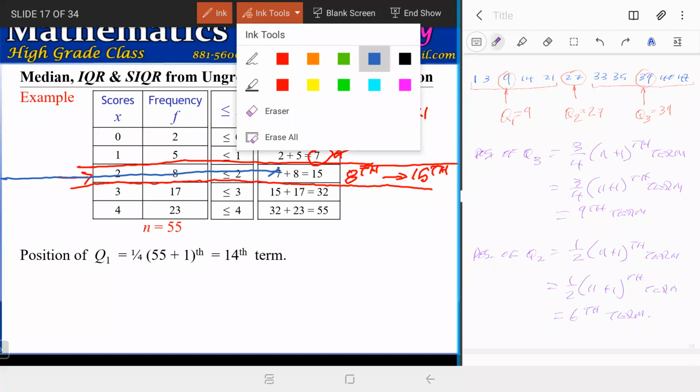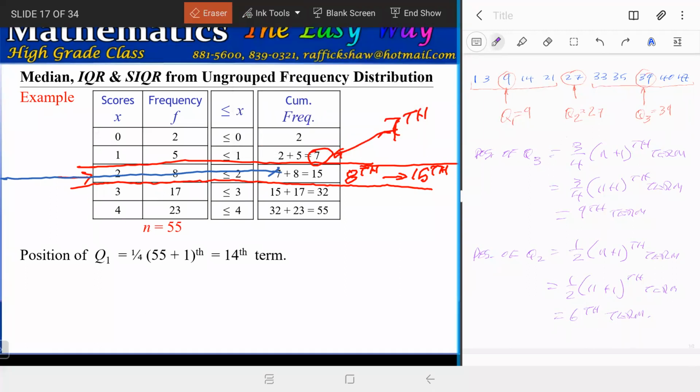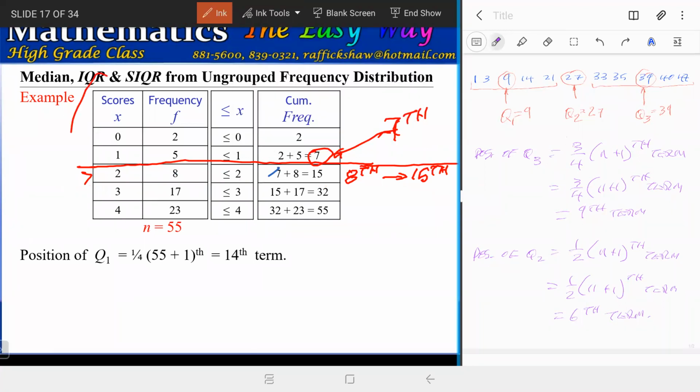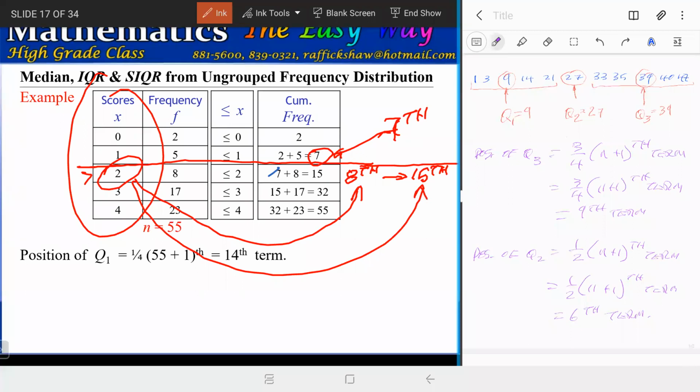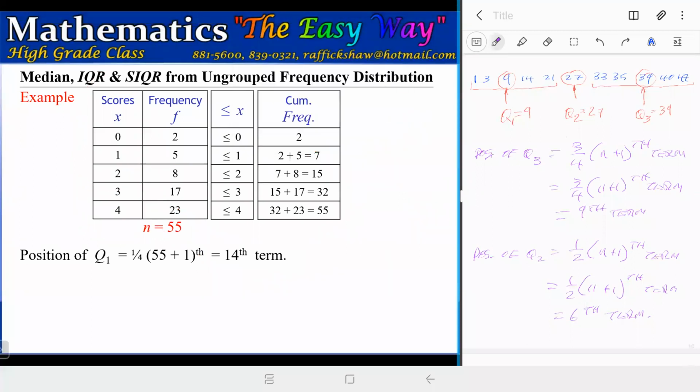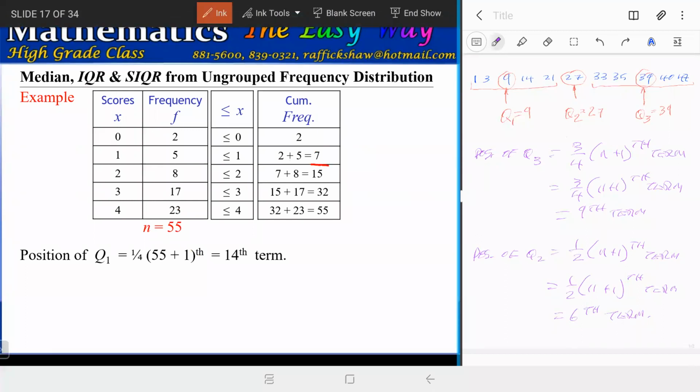What's the value of the 14th term? Remember, these are the values over here, guys. The 14th term is a 2. So the 2s are from the 8th term up to the 15th term. So we know the 14th term is a 2, and it is one of these.